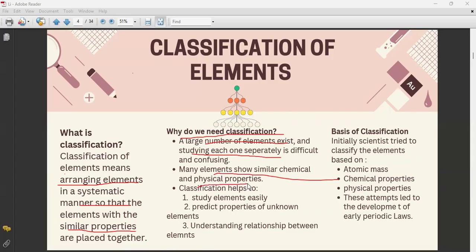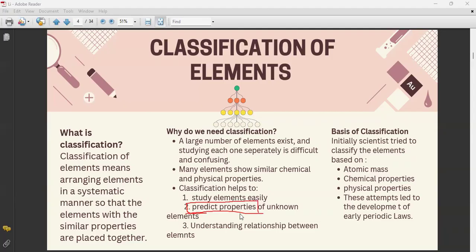So how does classification help? It makes studying elements easy and helps predict the properties of unknown elements. If I have grouped together certain elements, I know the properties they share. If there is an unknown element, I can place it in another group, and it will also help me predict that its properties won't be similar to those of elements I already know.